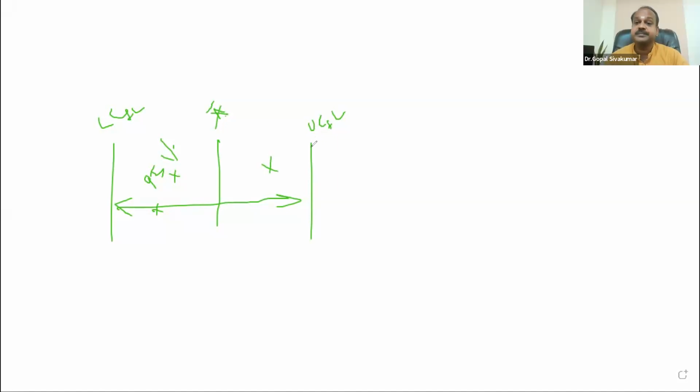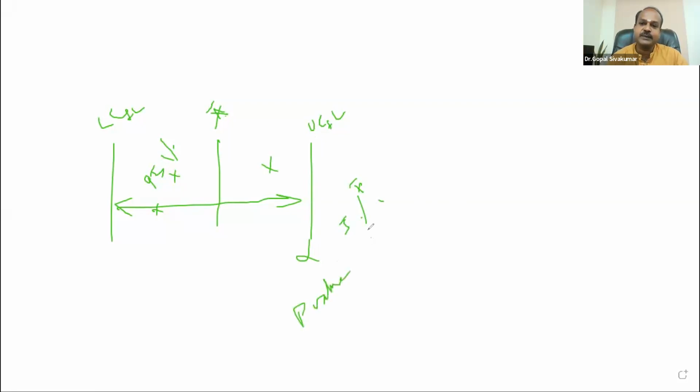But still, even if the process is going on normally, there is a 5% chance that my statistics can come out here, isn't it? So this is what we call the 5%. We call it alpha. And when we measure it with the help of the data, we call it p-value.